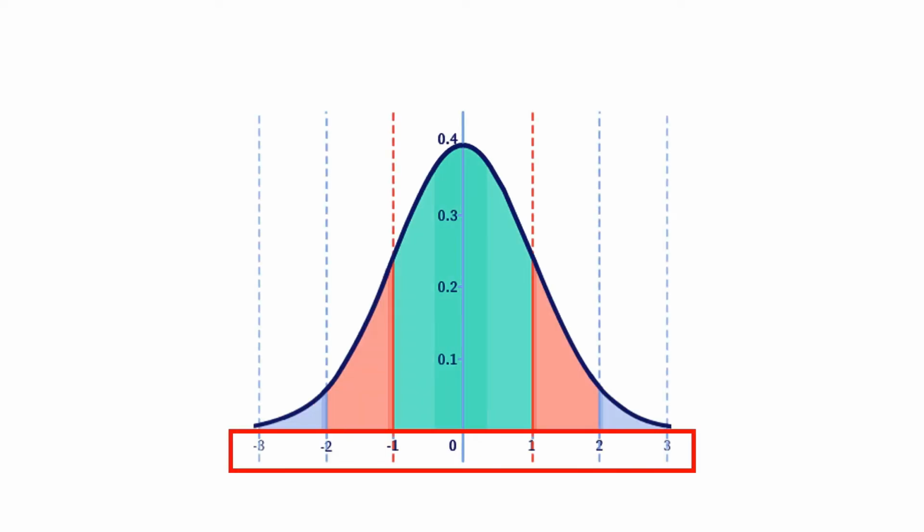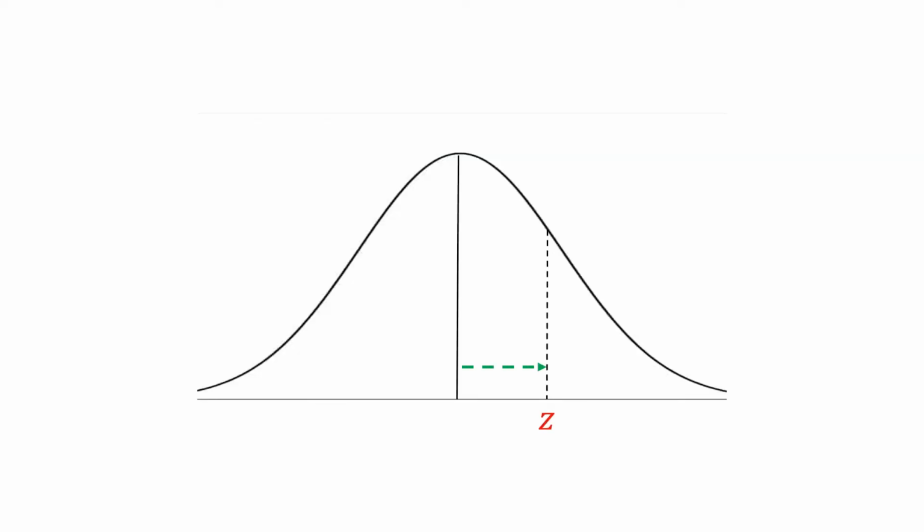Each number on the horizontal axis corresponds to a z-score. A z-score tells us how many standard deviations an observation is from the mean. For example, a z-score of -2 tells me that I am 2 standard deviations to the left of the mean, while a z-score of +1.5 tells me that I am 1.5 standard deviations to the right of the mean.